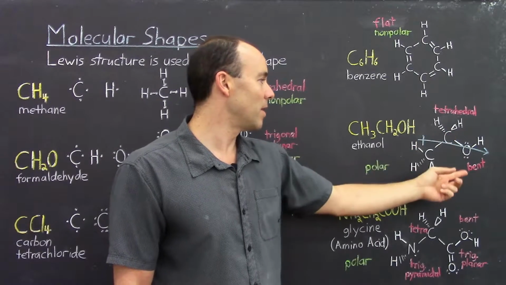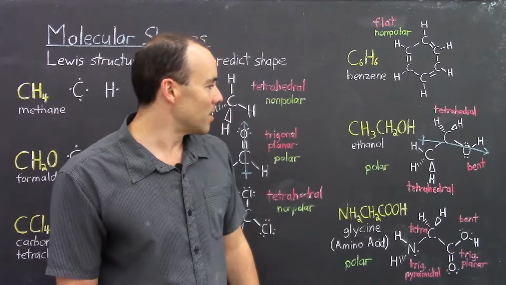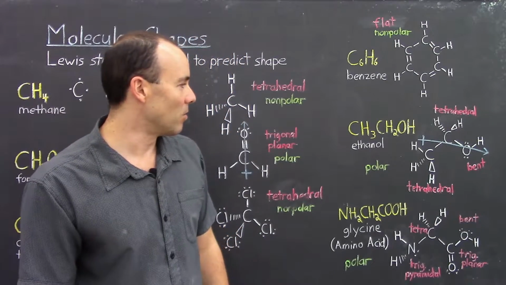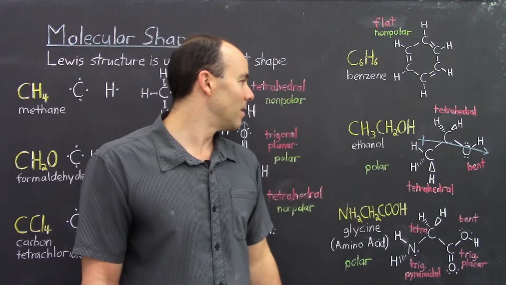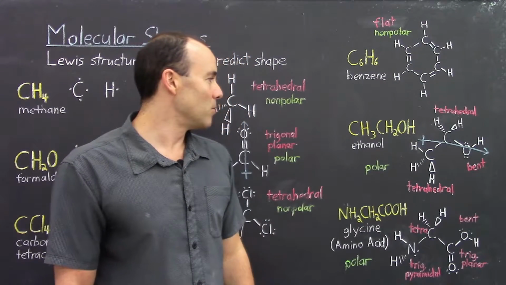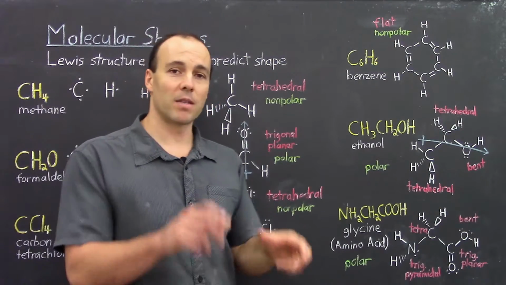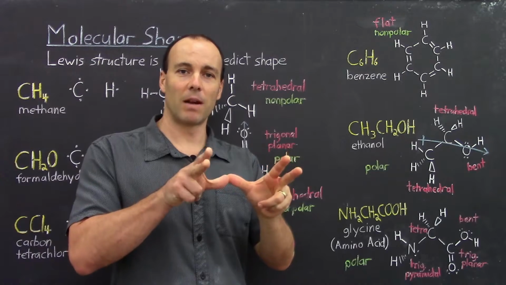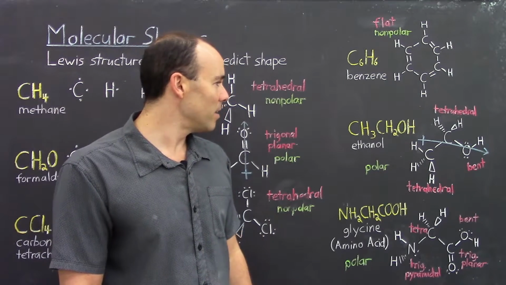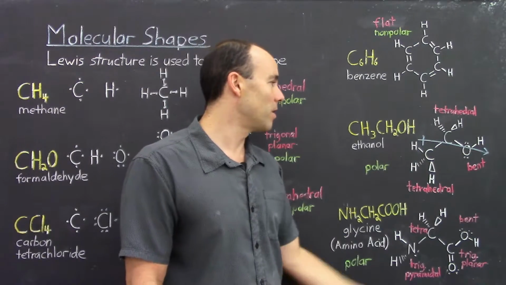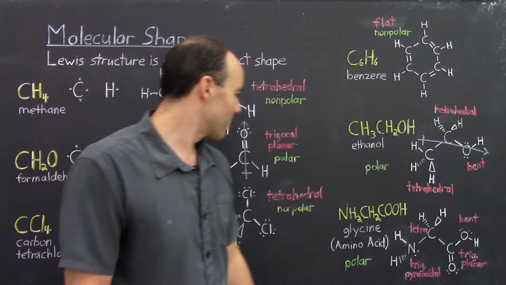This one is too, and the oxygen is bent. There is a dipole in this molecule pointing towards the oxygen. It might be difficult to know exactly which way the dipole points because single bonds can rotate around one another, so this molecule is somewhat flexible. But it is polar, and there is a negative end and a positive end.